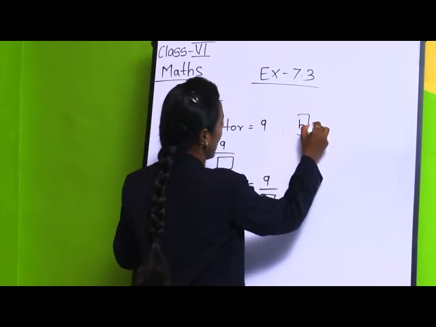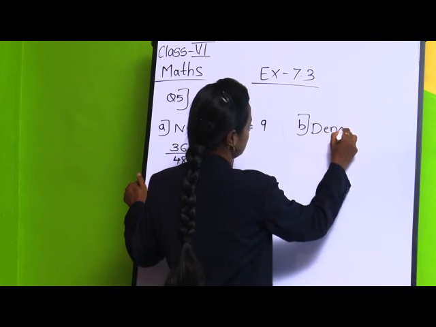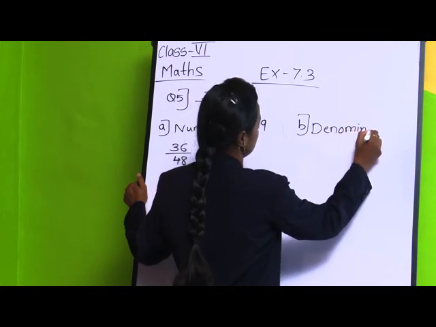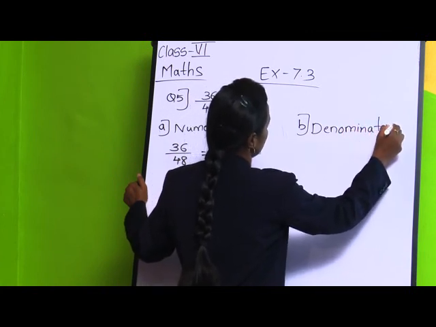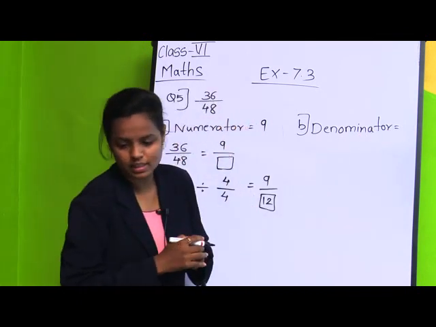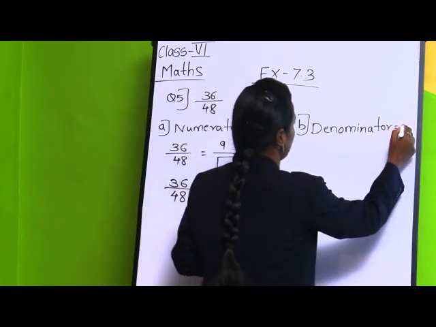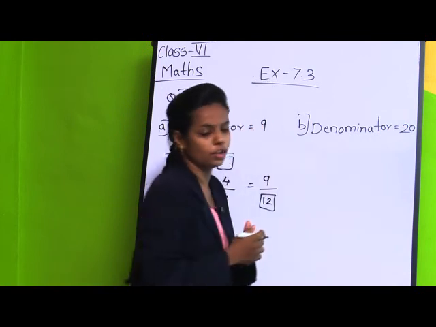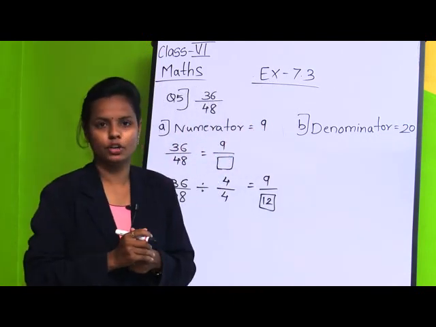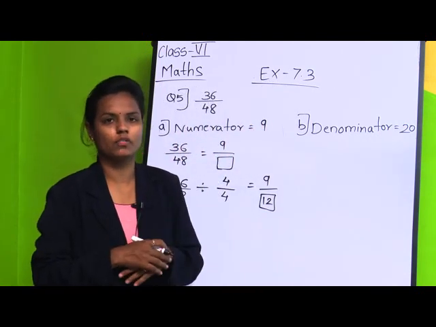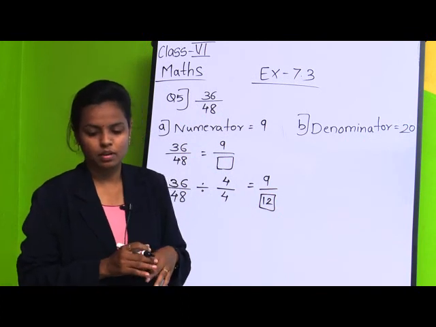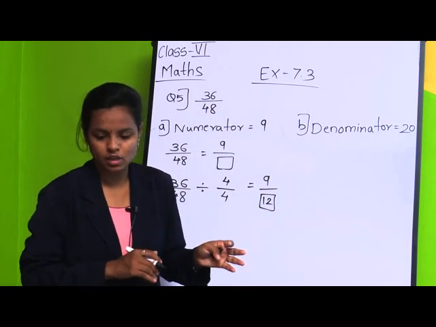Now here we have the denominator. Here the denominator is 20 and we need to find the equivalent fraction of this number when the denominator is 20.